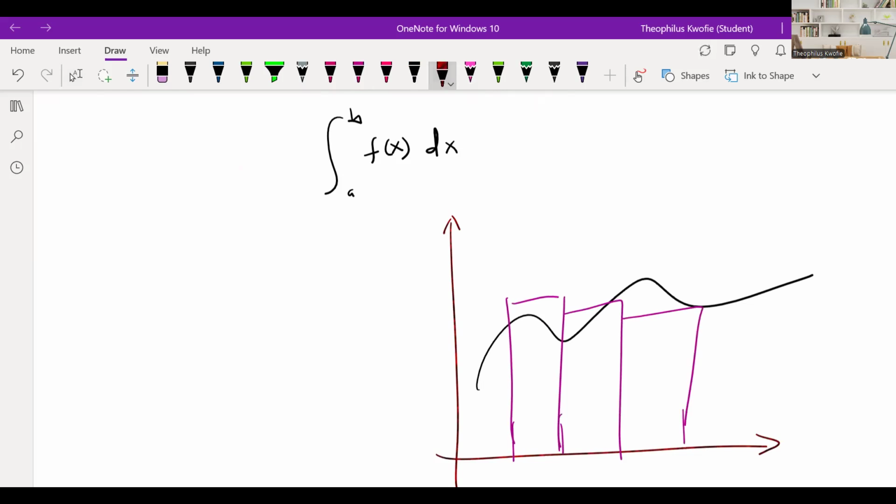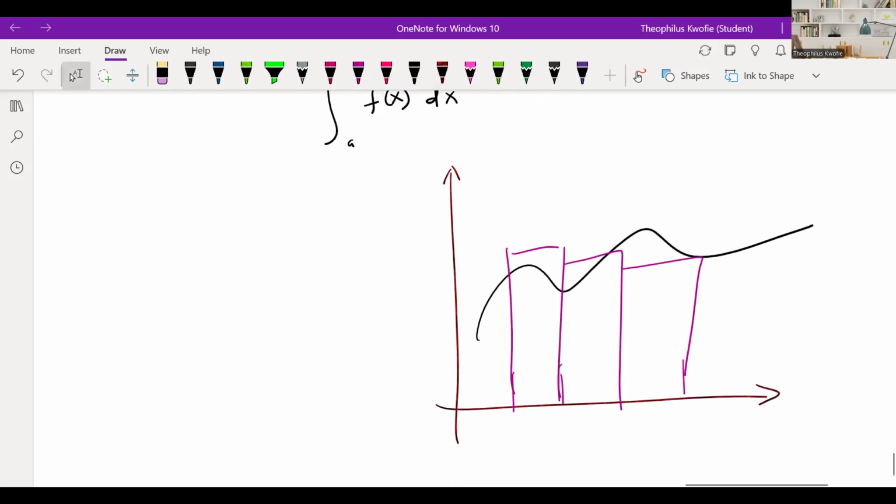What the midpoint rule does is, suppose this is my x1, my x2, my x3, my x4, it finds a midpoint within each subinterval, the average of each subinterval, then evaluates the function at these points. That's what the midpoint rule does. I believe we are all getting it.